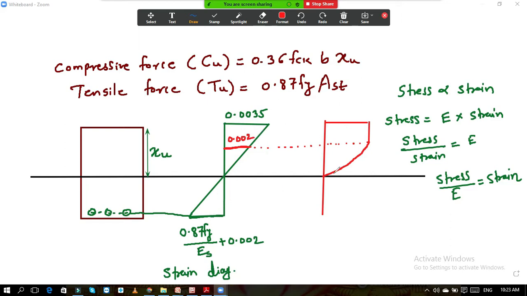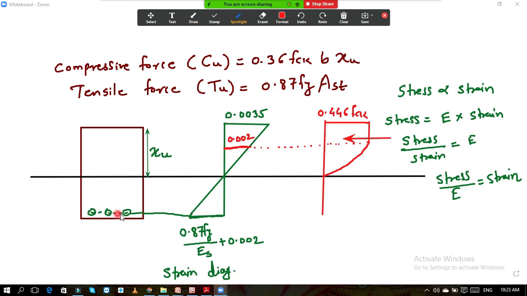Okay, and what is the maximum stress here? This is 0.446 FCK. This is the maximum stress. Then where the compressive force is acting? So somewhere near this area here, the compressive force is acting, and tensile force at the level of steel it is acting.